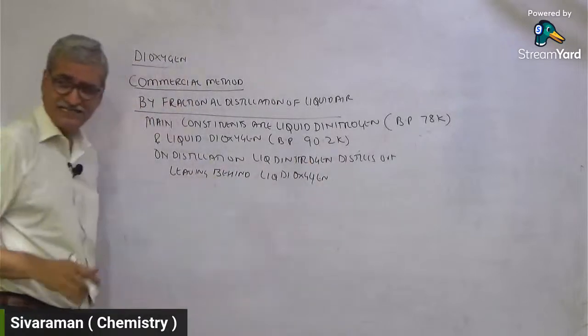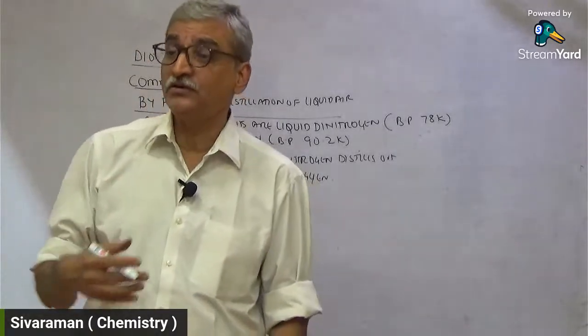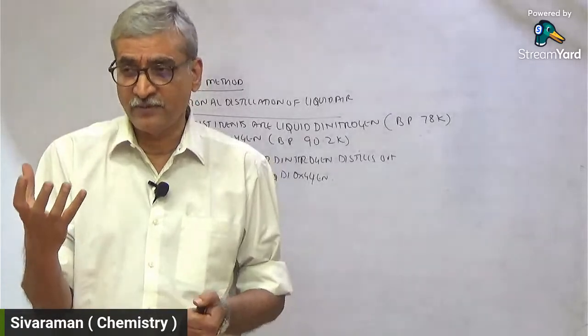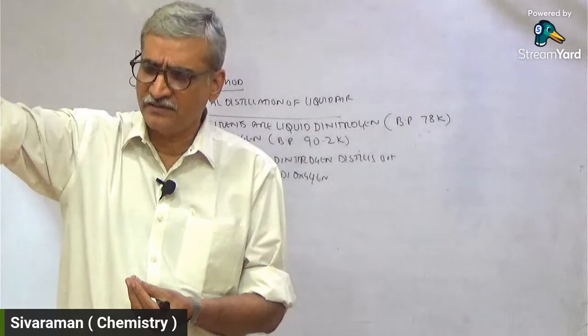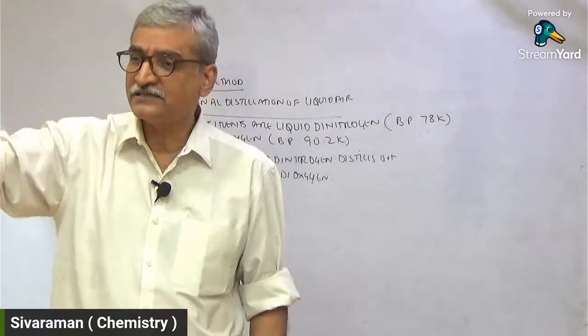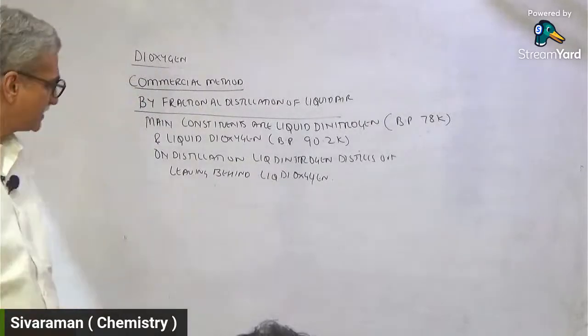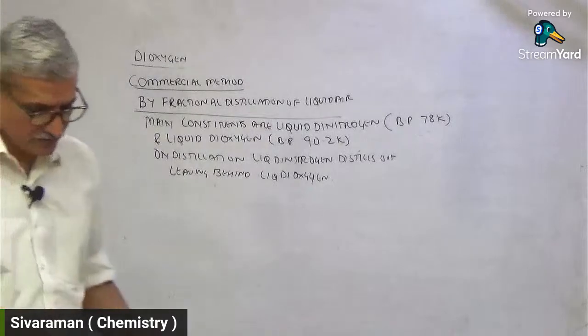Of course, it's not as easy as we are thinking. This will be industrial grade oxygen. Then we'll use charcoal to make it more pure. We'll have charcoal at liquid nitrogen temperature to slowly extract it, and the other gases will get absorbed, and then we again do stepwise distillation and all that. So a lot of processes there. This is a very simplistic view that we are talking.